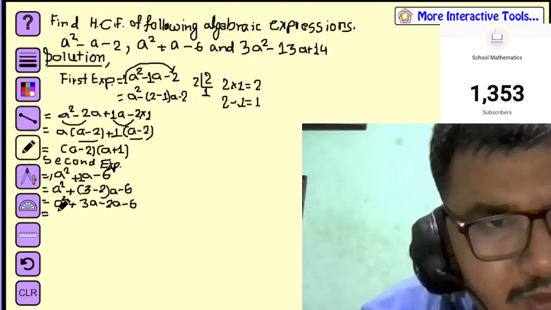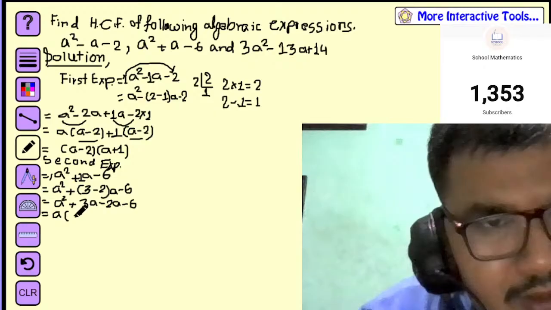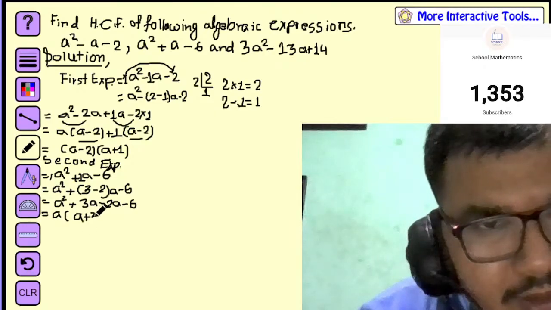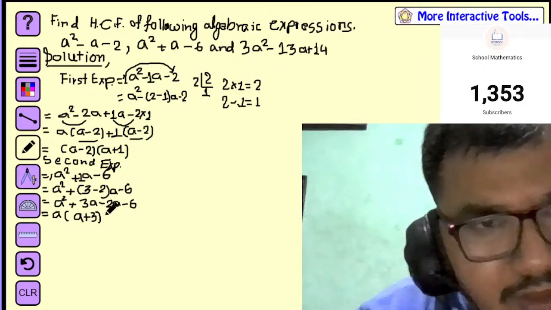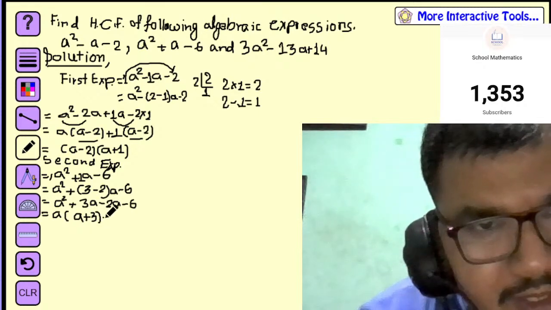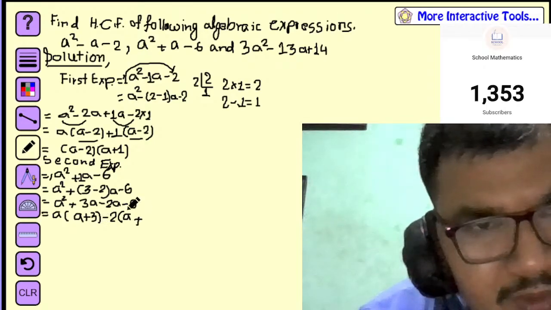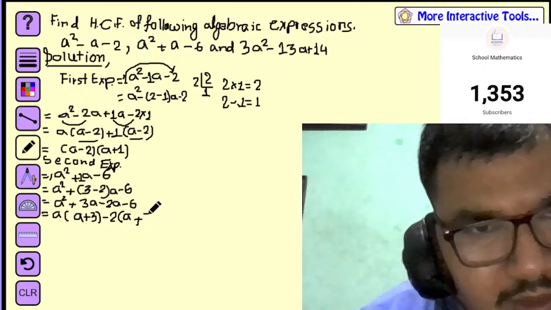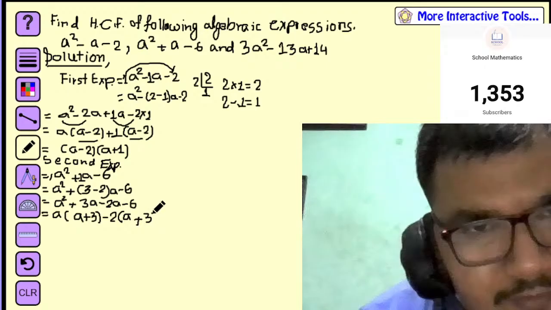Now we put equals to, and take a common here, then write here a plus 3 as the remaining factor, okay. And what is common in these two? There is a minus sign, that's why take minus sign first common, then 2 common, and here a remaining, and minus common gone, then that's why here is remaining plus, because minus into plus is minus, okay. Now from this 6 also we have taken 2 common, that means here will be 3.